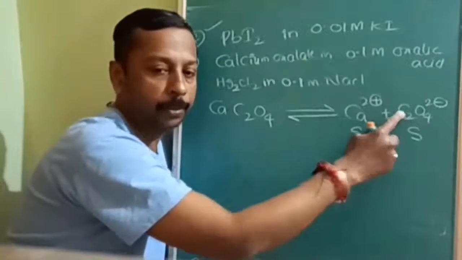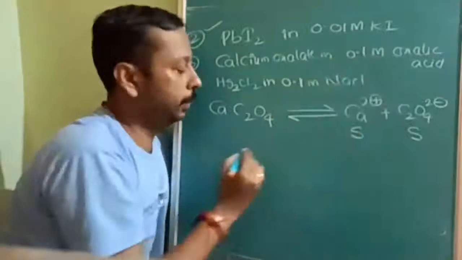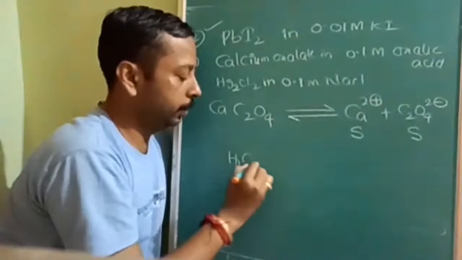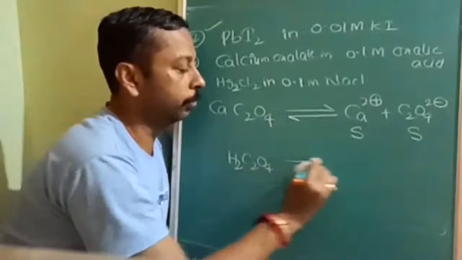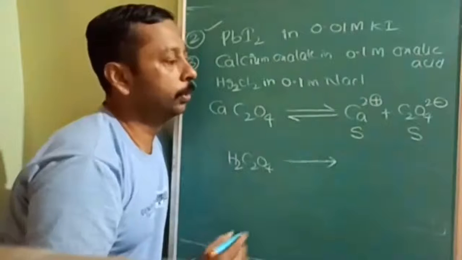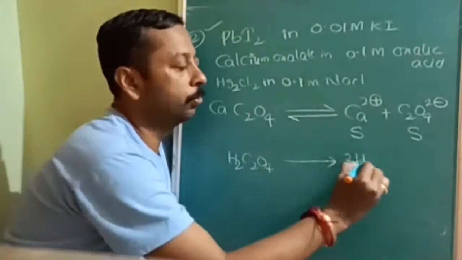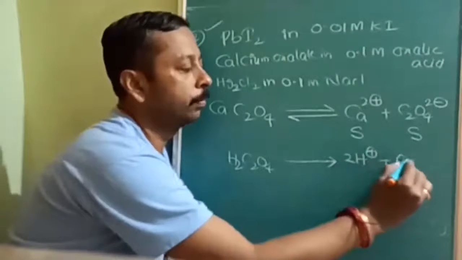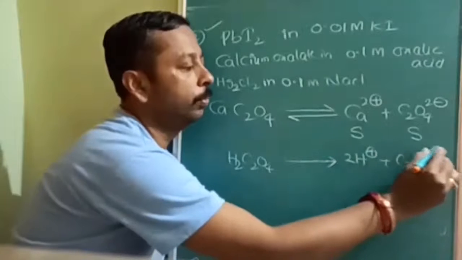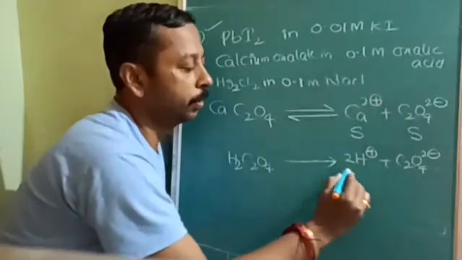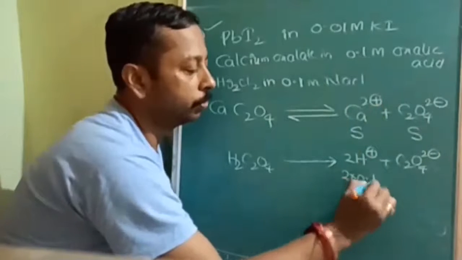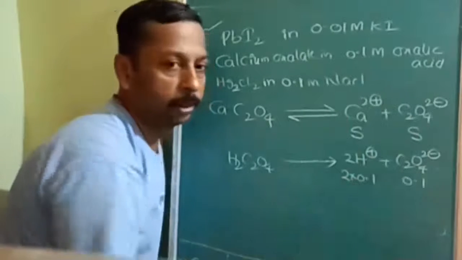Now, oxalic acid is H2C2O4, single side arrow, and this will be 2H plus and C2O4 2 minus. Its concentration is 0.1. So this will be 2 into 0.1, and this will be 0.1.